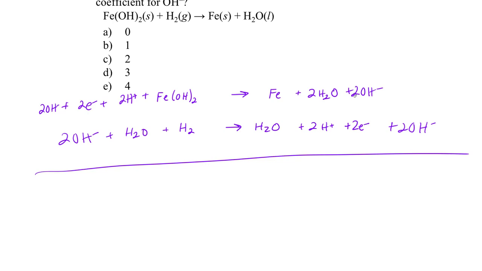So I'm going to take this first half reaction, and on the reactant side, we do have that 2 OH minus and the 2 H plus, right? And so if we have H plus plus OH minus, it completely reacts to form water, as we've seen in our acid-base chapters. So I'm going to react those. That's going to give me 2 water.